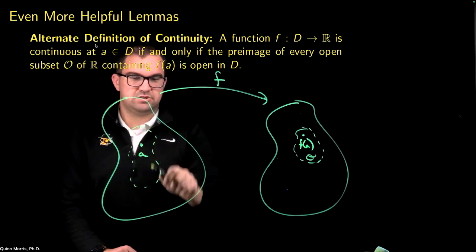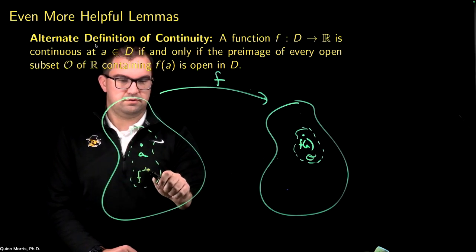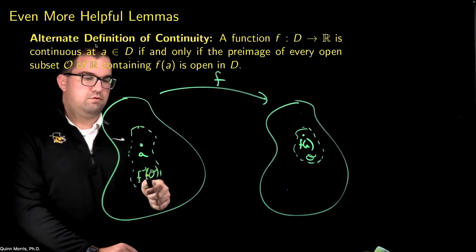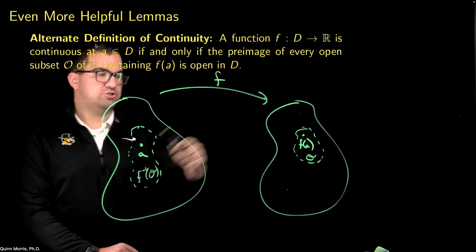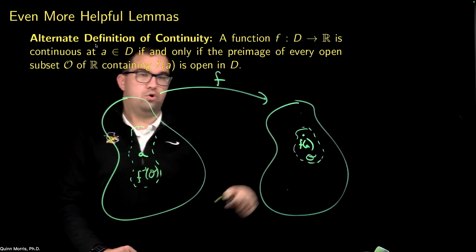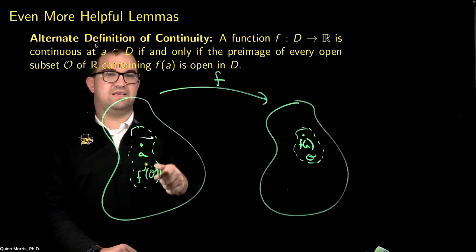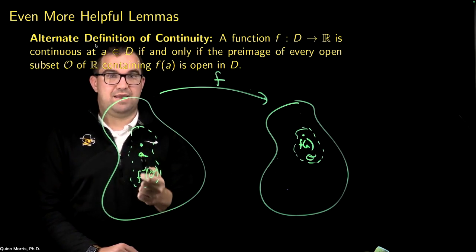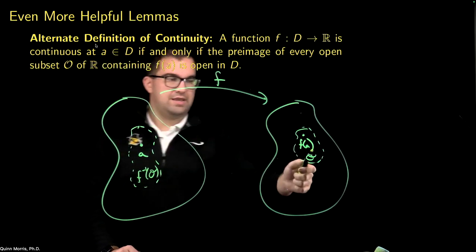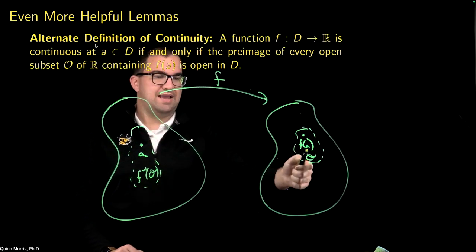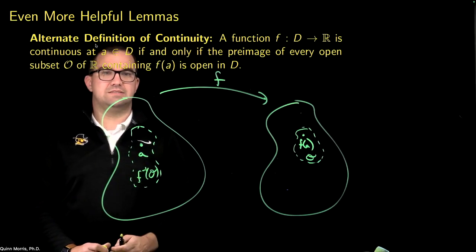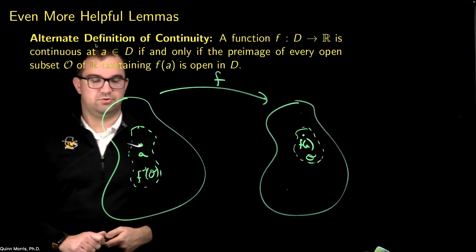So these are all the values in the domain D which map into O. When I look over here, this is an open subset of my domain D. So if the pre-image of any open set which contains f of a is an open set over here which contains a, then we would say our function is continuous.